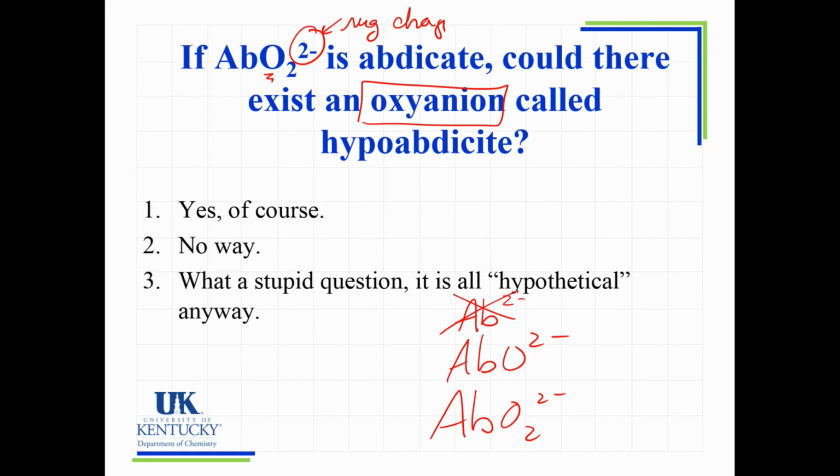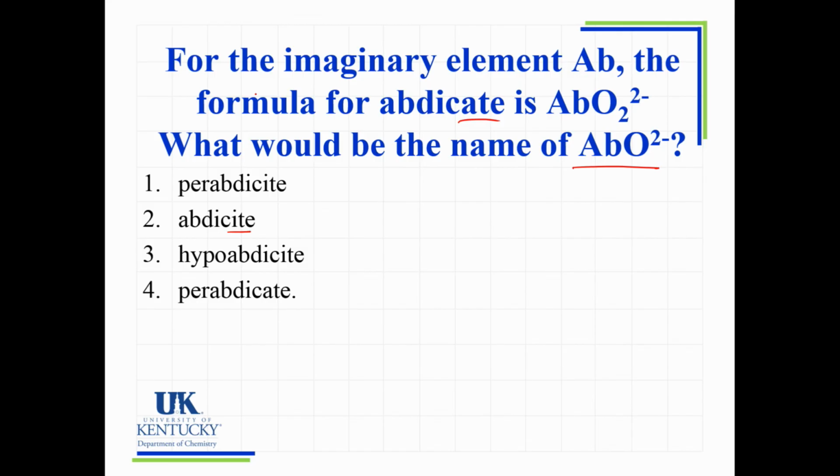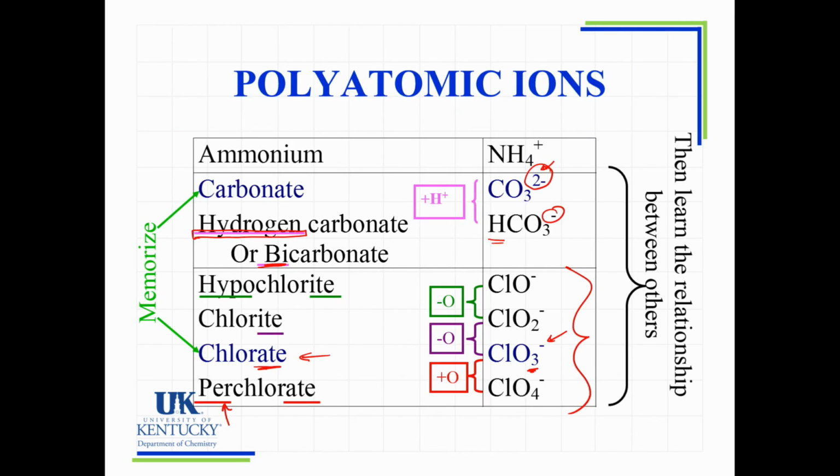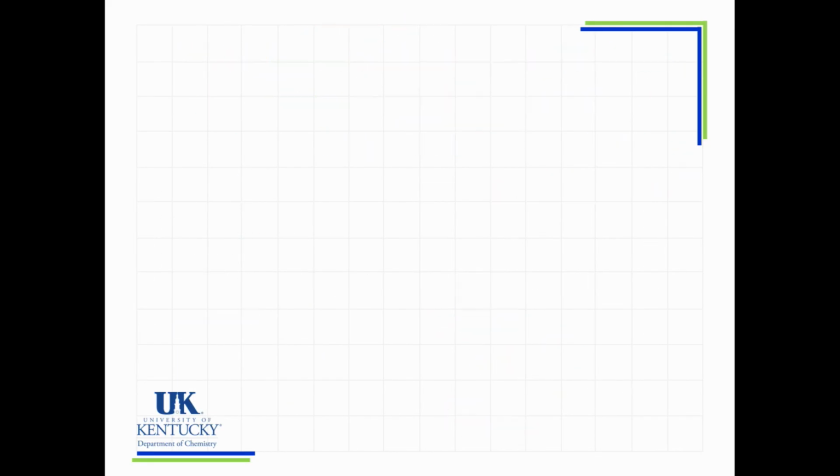Just another question here. If this is abdicate, could there be something called per-abdicate? Could this exist? And if so, what would its formula be?